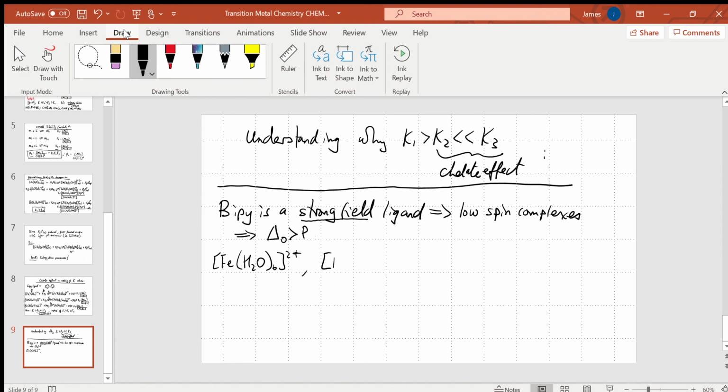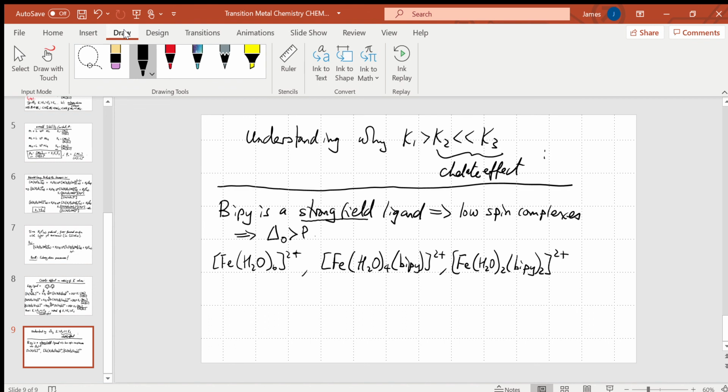Our first product was Fe(H2O)4 and a Bippy. Then we had iron with that one.